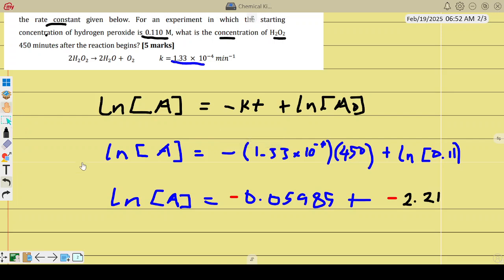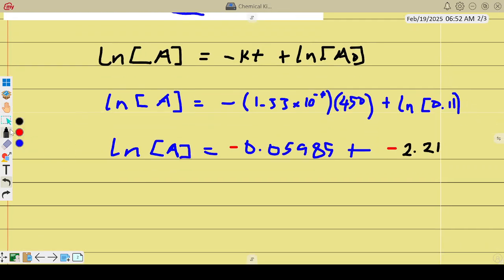Now we just continue simplifying. So ln A will be equal to, positive and negative is negative, so negative 0.05985 minus 2.21.